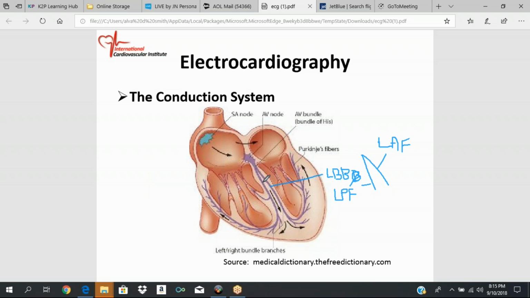That is the normal transit of the electrical impulse. Right away, you can see that the electrical impulse is traveling in a slanted direction. It is traveling from the atrium downwards like that. That's how the electrical impulse travels. So it's important to take note of that.